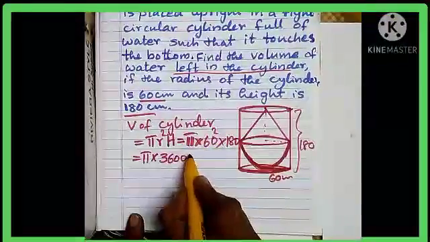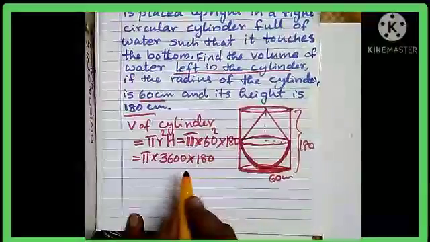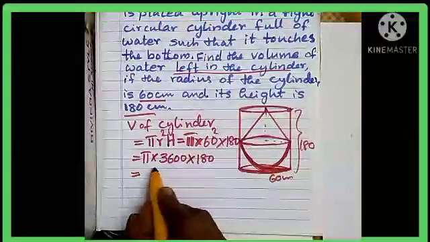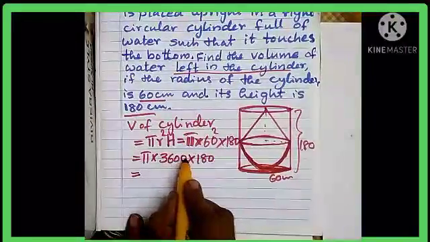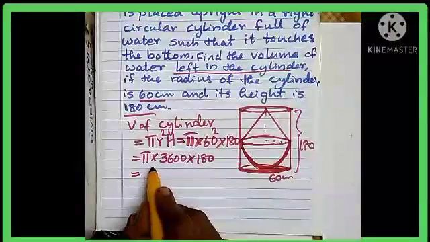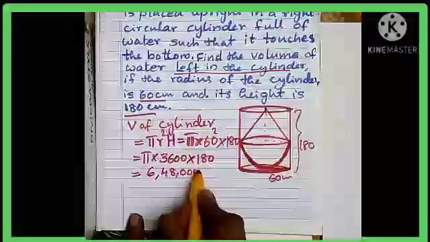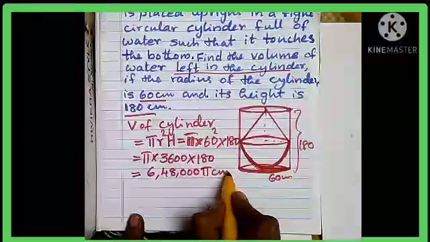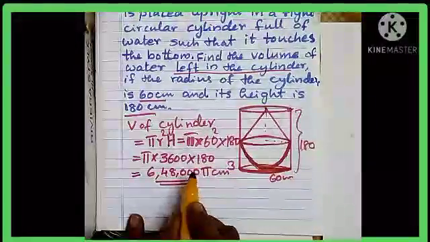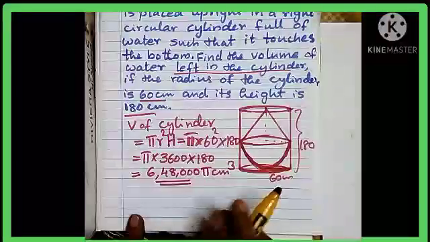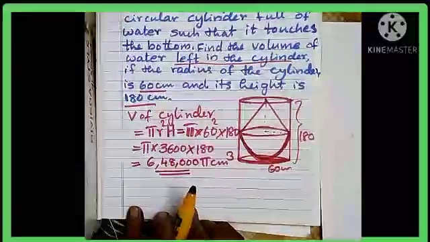3600 into 180. You multiply 3600 into 180, you will get 6,48,000 pi centimeter cube. So it is the total volume of water inside that cylinder.